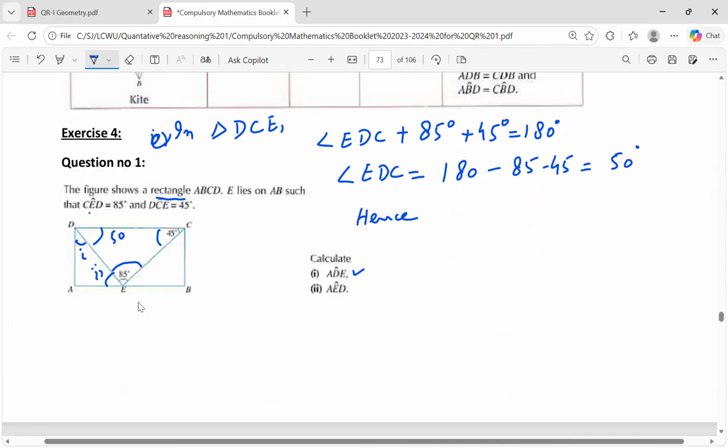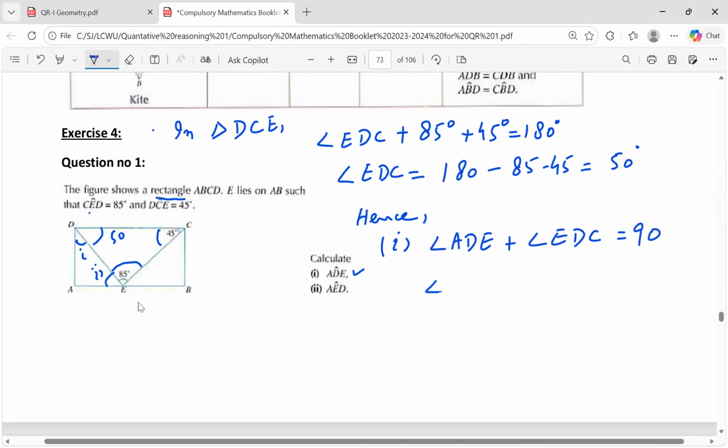For part 1, angle ADE: from the quadrilateral, we have angle ADE plus angle EDC is equal to 90 degrees.